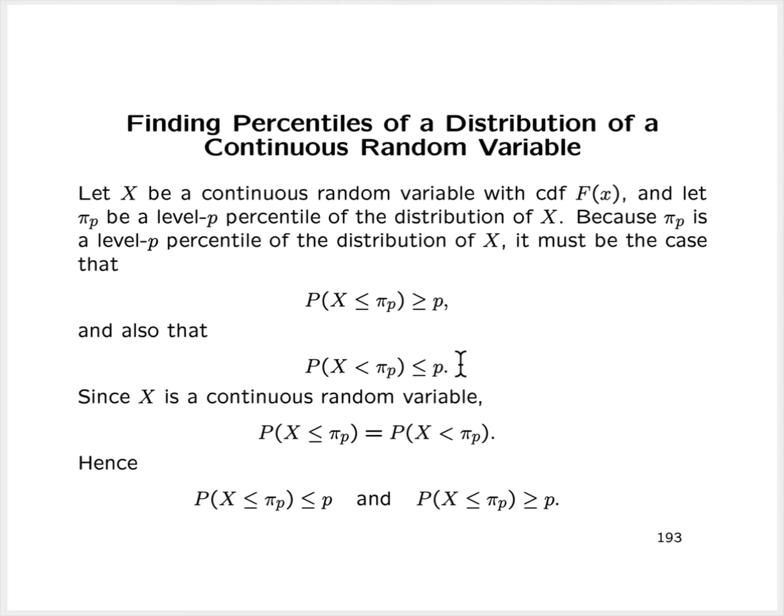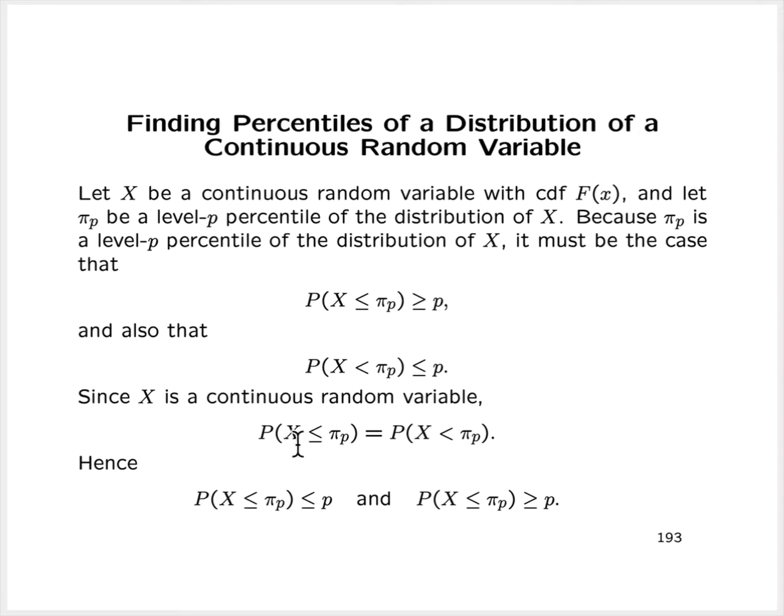Now, because x is a continuous random variable, remember that we can fiddle with the inequalities and not change the probability. In particular, I can change the non-strict inequality, less than or equal to π_p, to the strict inequality, strictly less than π_p, and not change the probability.